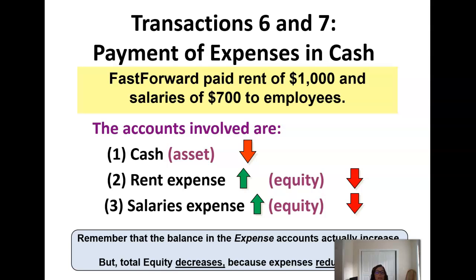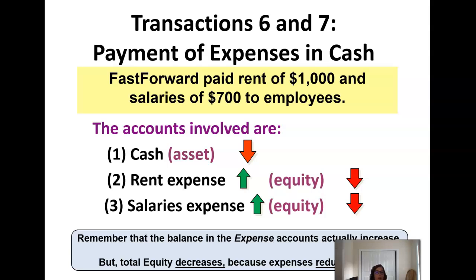which we will see. And often this is confusing for people because when we incur expenses, the balance in the expense accounts goes up. And I think people get confused by that. They're like, well, I don't understand. If the balance in the revenue account went up, then how could the expenses go up? But it actually decreases total owner's equity. And as we get further down into this, you'll see how these things start to fit together.